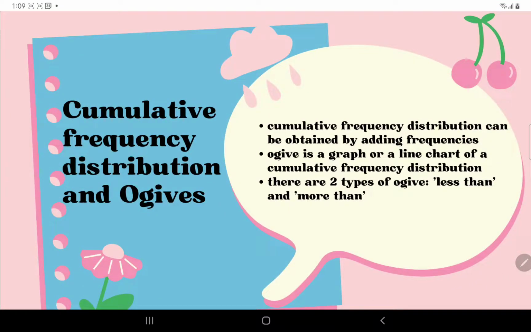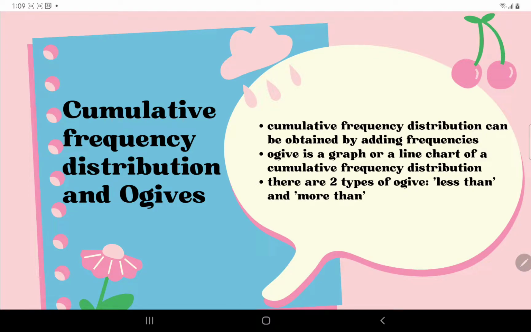Okay, next is the cumulative frequency distribution and OGIF. There are two types of cumulative frequency distribution, which are less than and more than. The less than cumulative frequency is more frequently used.